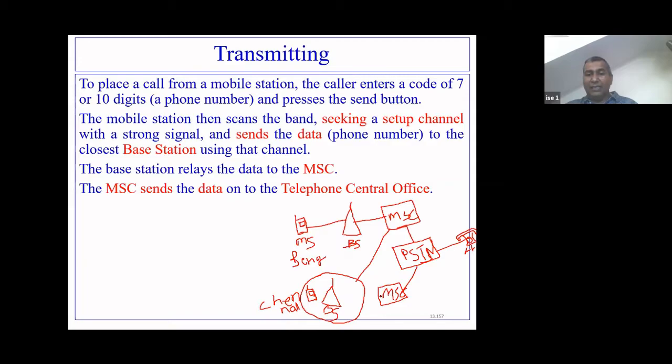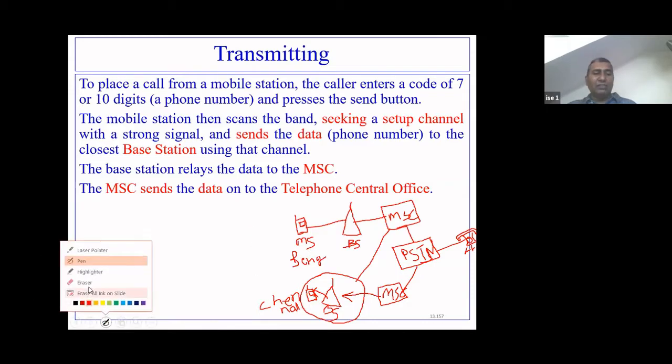From here it will locate the mobile phone present in which particular cell, and the signal will be sent to that base station which is nearest to the mobile station in the cell, and from here the communication goes like this.